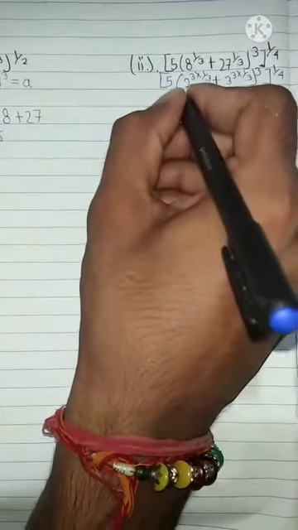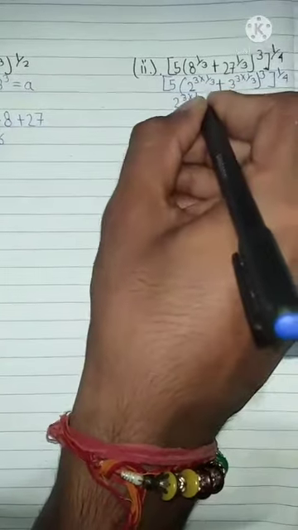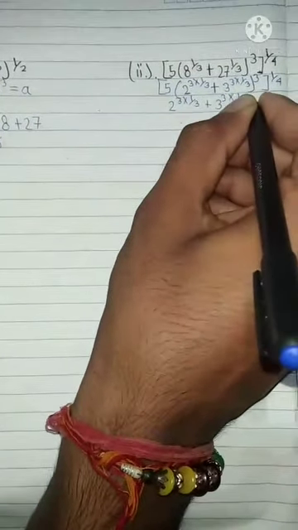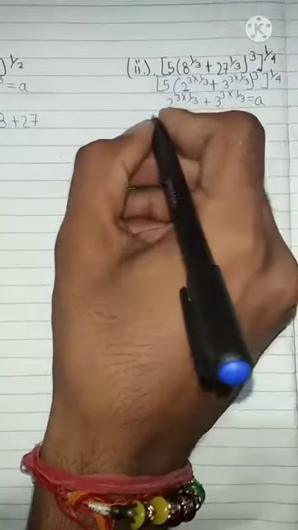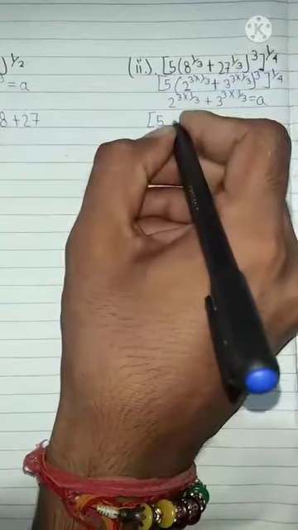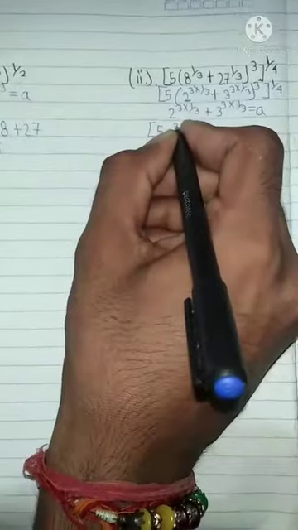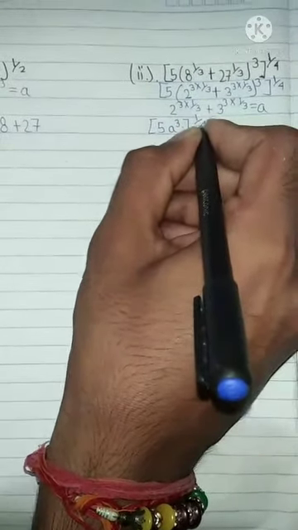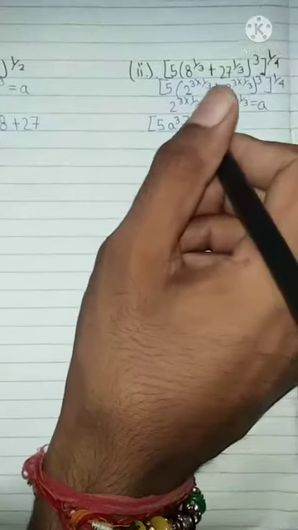Suppose 2 to the power 3 into 1 by 3 plus 3 to the power 3 into 1 by 3 equals a. Then it becomes 5 a cube to the power 1 by 4.